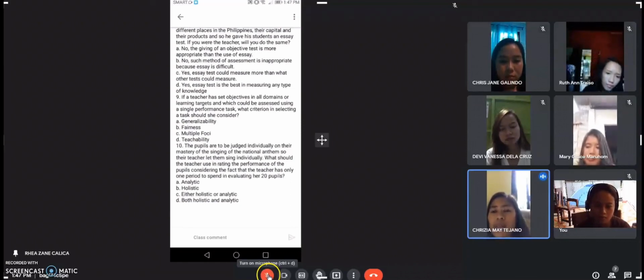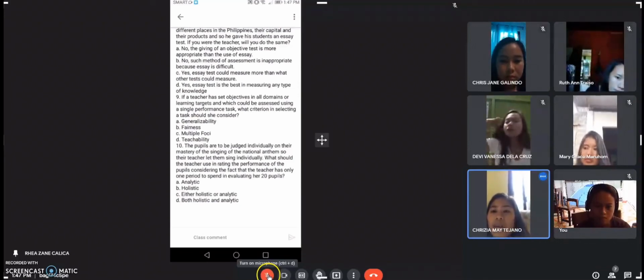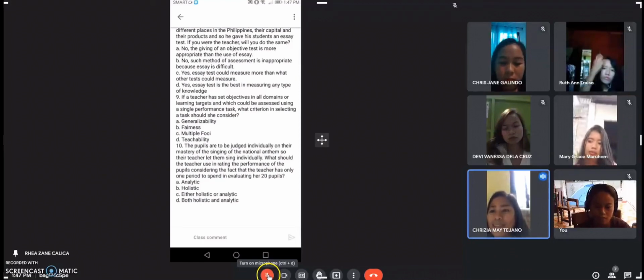Next. Number 10, the pupils are to be judged individually on the mastery of singing of the national anthem. So their teacher let them sing individually. What should the teacher use in rating the performance of the pupils considering the fact that the teacher has only one period to spend in evaluating her 20 pupils? A. Analytic.